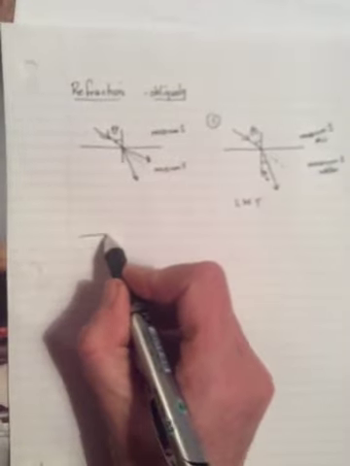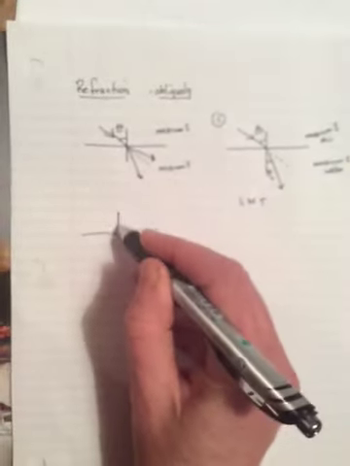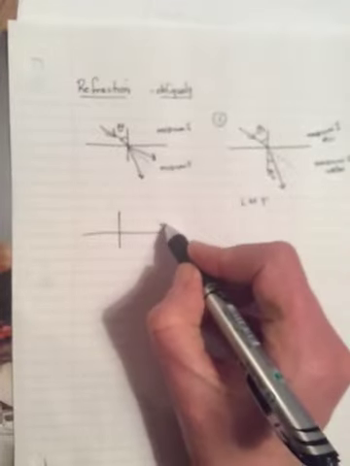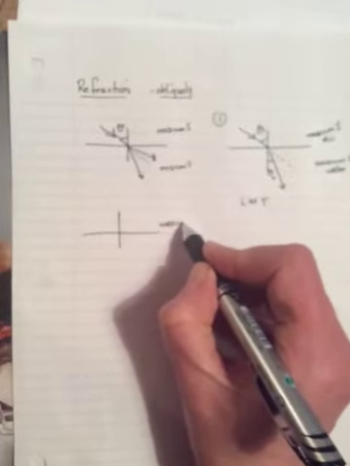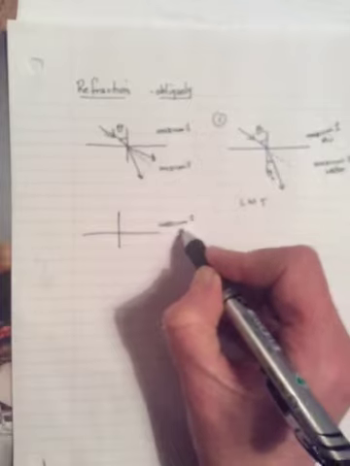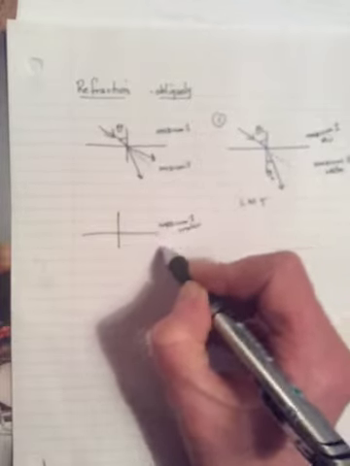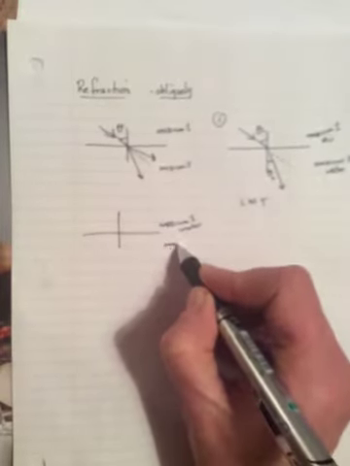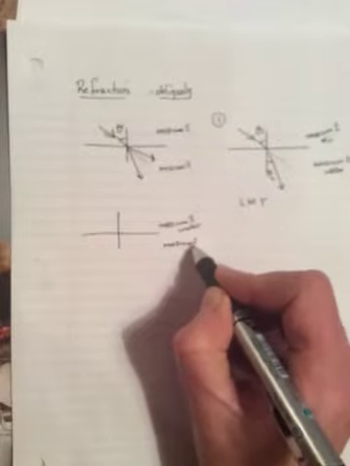The other scenario would be if it was going from more dense, so medium 1, maybe this time is water, and it's going into something that's less dense, so medium 2 might be the air.